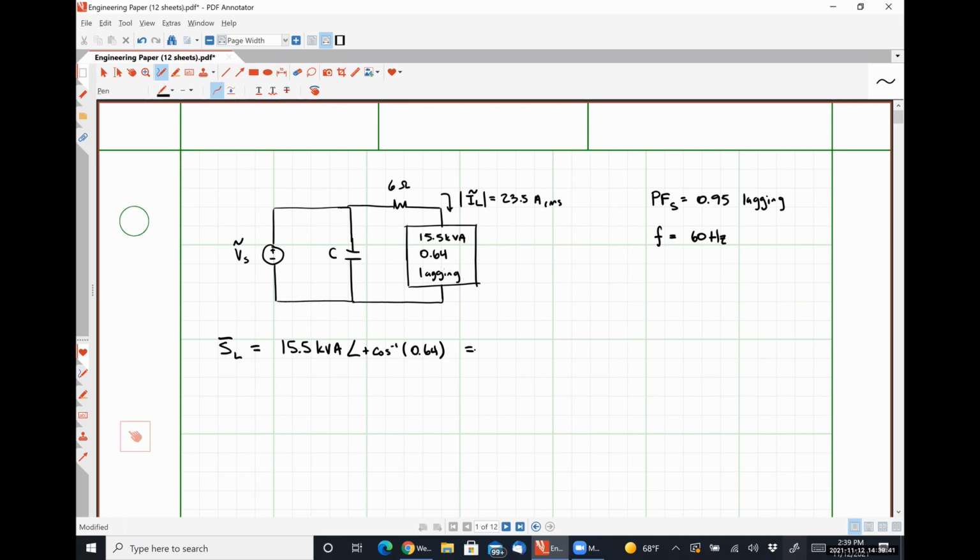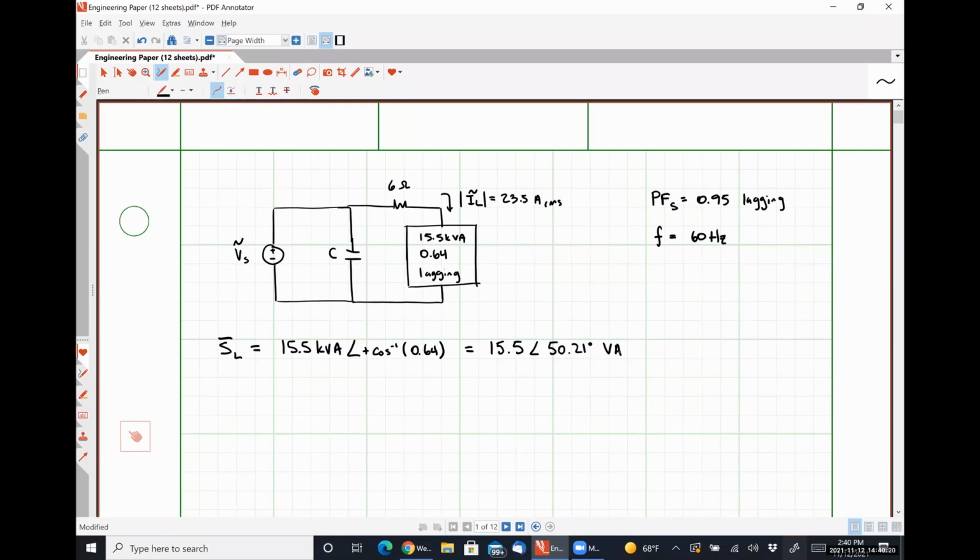Because I don't know that I have a calculator. Obviously the magnitude is going to be 15.5, so just tell me what the angle is going to be. 50.21 degrees, volt amperes.